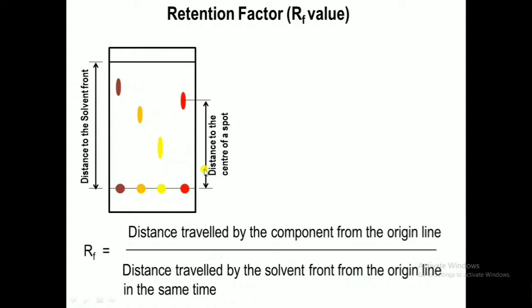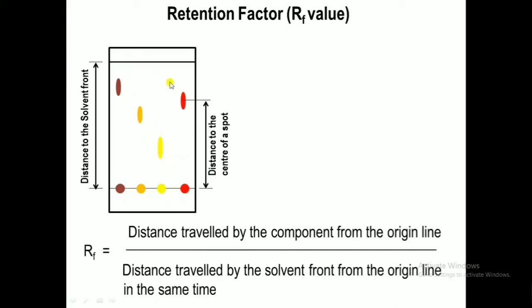So if you see this figure, this is a planar chromatographic representation. This is the reference line, and you keep your mobile phase here, and when the mobile phase moves upward, it will carry your components as well.